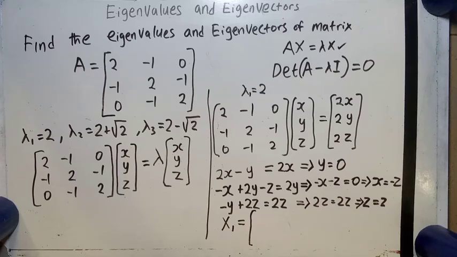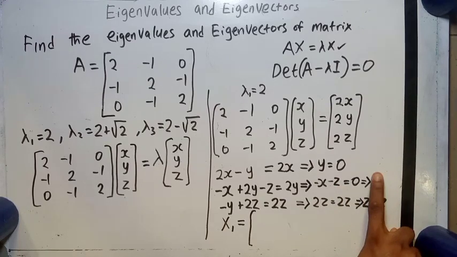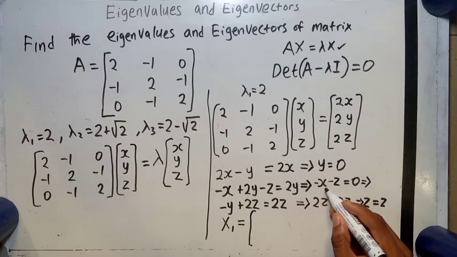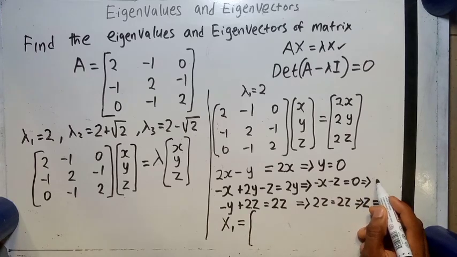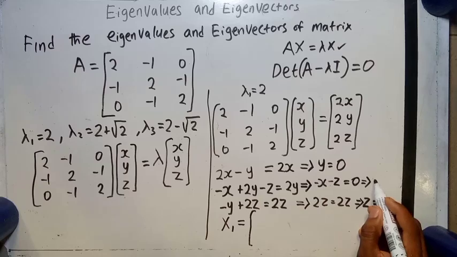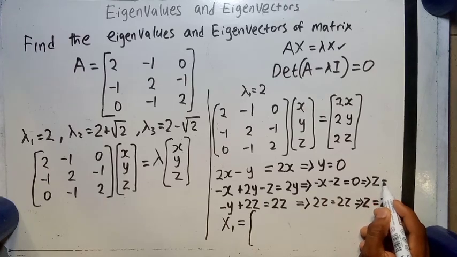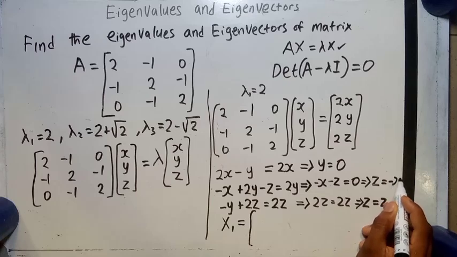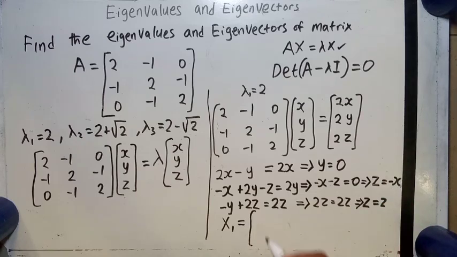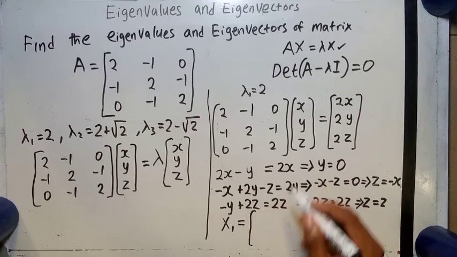If that's been the case, I'll have to rewrite this, making z the subject of the formula from this place. That's our z crossing over. I'm going to be having z is equal to minus x.